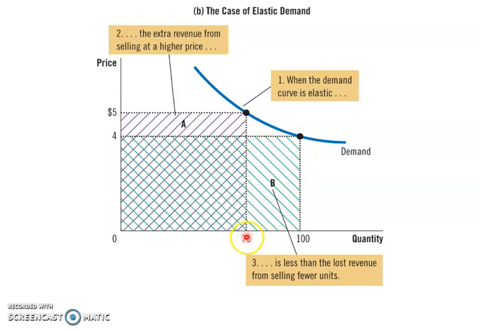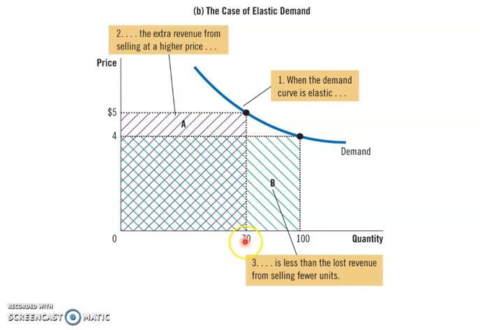So we lose $4 multiplied by 100 minus 70, so that's 4 times 30. It gives us $120 we lose, simply because some people just walk away. They're not going to buy our pizzas anymore.